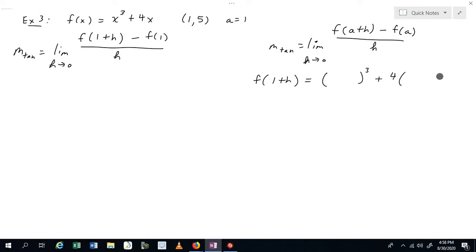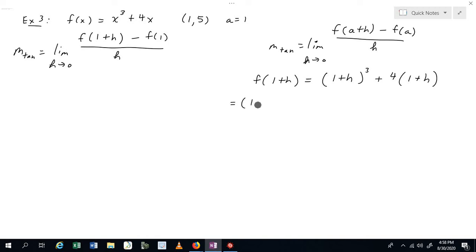So if you kind of write this out as a shell, it cubes the number that you plug into it and then adds 4 times the number that you plugged into it. But the number we're plugging into it is 1 plus h. So it's just going to take 1 plus h and then cube it and then add 4 times 1 plus h to that. Okay, so now I want to cube this out.